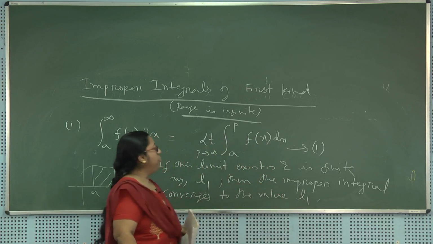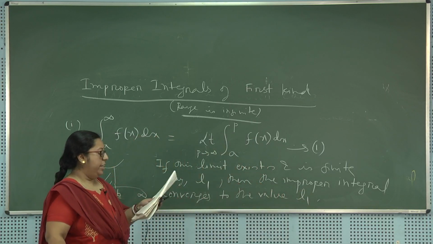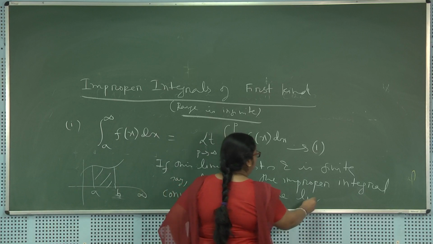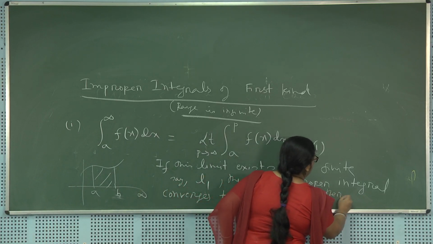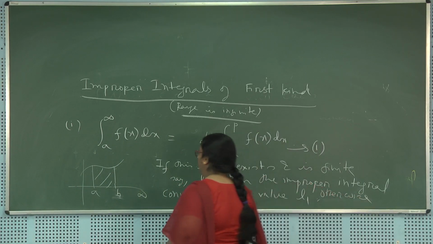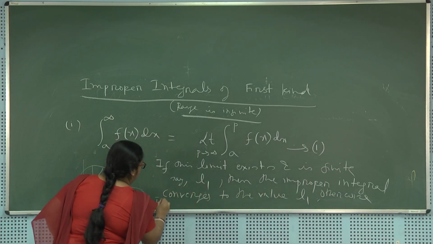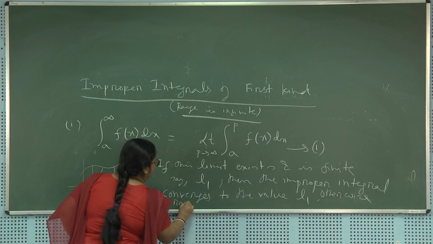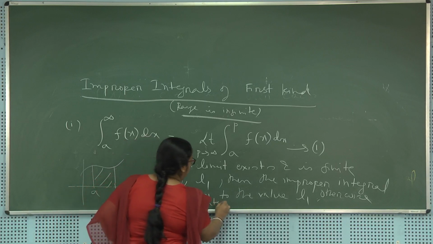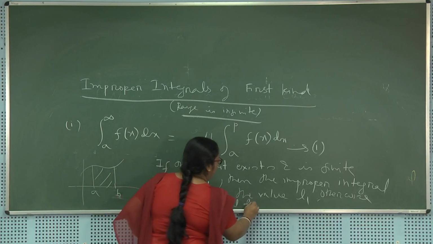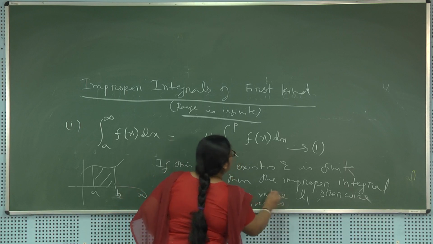Otherwise, if the limit does not exist, then we say the improper integral diverges. So, this is the first case.